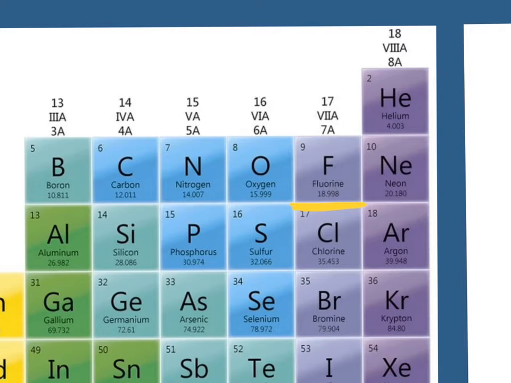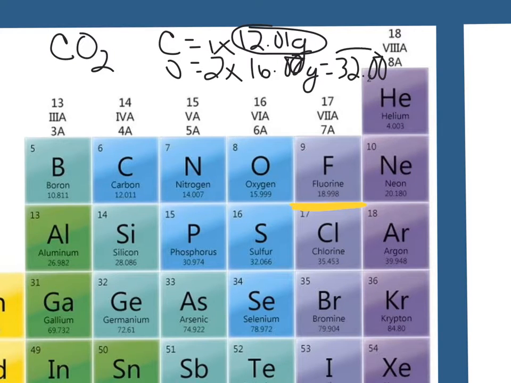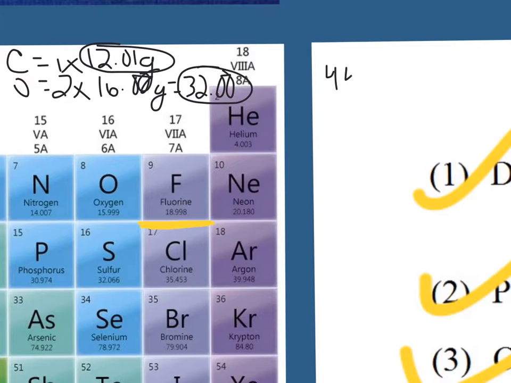So when I find my molar mass of that molecule, again it was CO2, that means I have 1 carbon at 12.01 grams per mole. I have 2 oxygens at 16 grams per mole, which is actually 32. Add together the 12.01 and 32.00, and I get my molar mass to be 44.01 grams per mole of molecules.